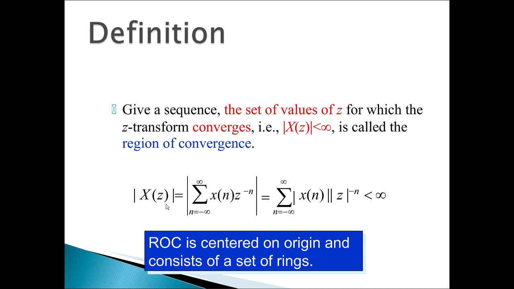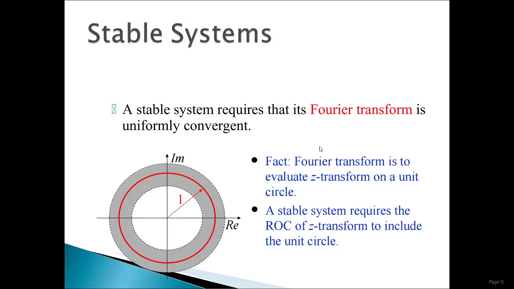We know that modulus of X(z) equals modulus of the sum from n equals minus infinity to plus infinity of x(n) z to the power of minus n, which is less than or equal to the sum of modulus of x(n) into modulus of z to the power of minus n. If this summation is less than infinity for a range of values of z, then that is called the region of convergence.